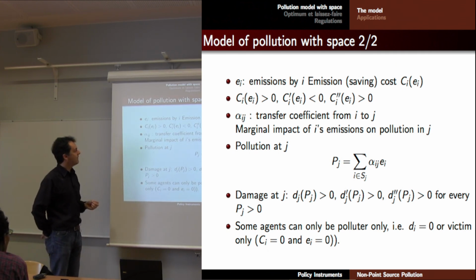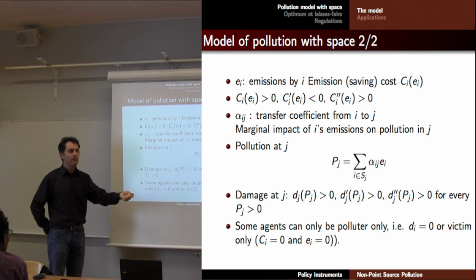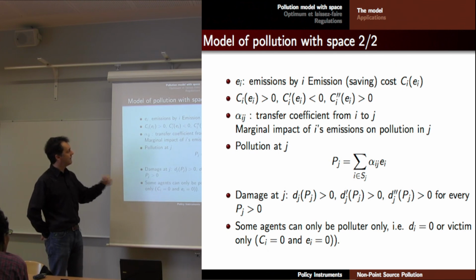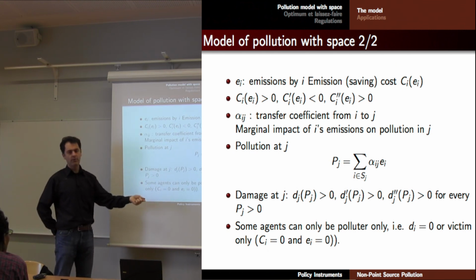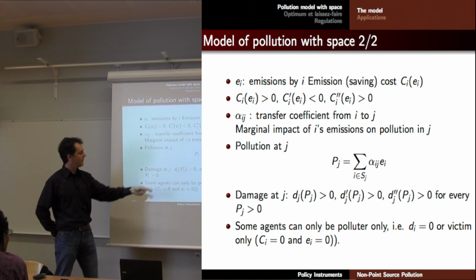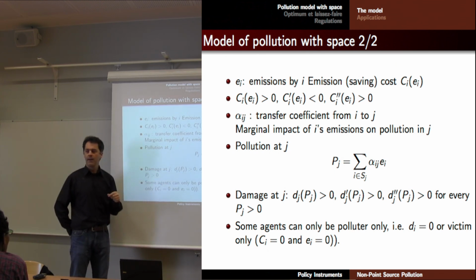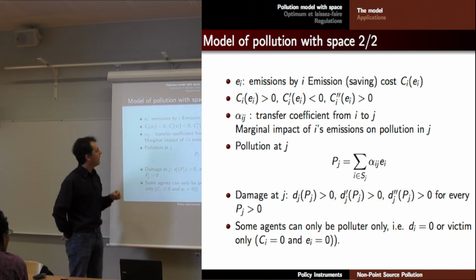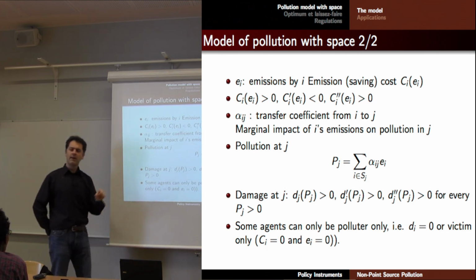But what is new is the link between emissions at the source and pollution at the receptor, where the damage occurs. So that's why I will distinguish between emission and pollution. Last week it was the same, here it's different.